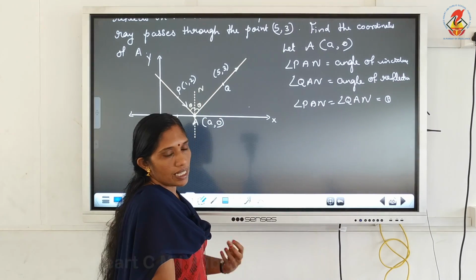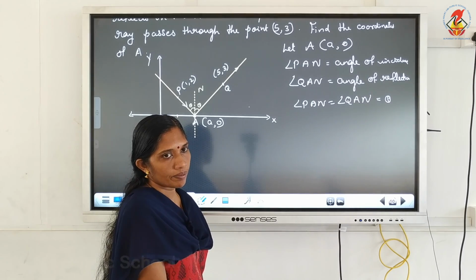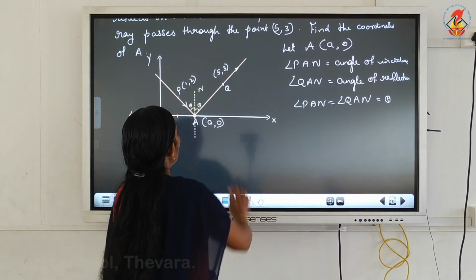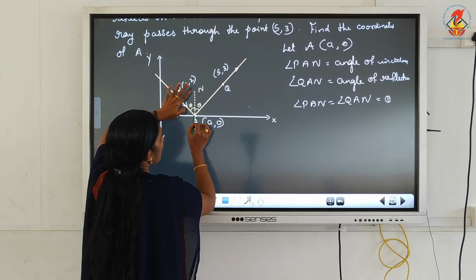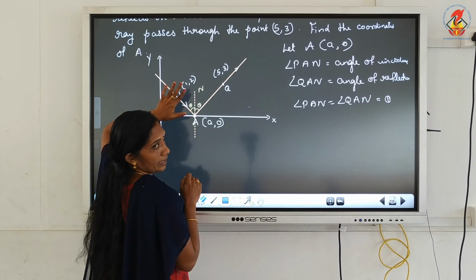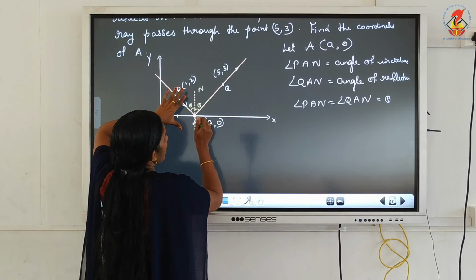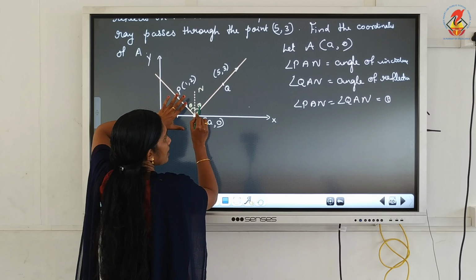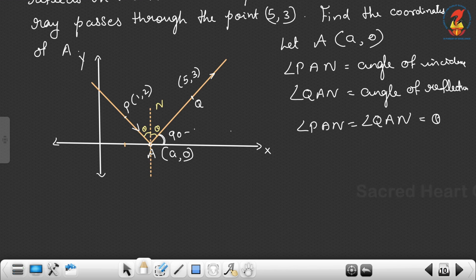If theta is that angle, then slope is equal to tan theta, isn't it? So here we don't know that angle. This NAX is 90 degrees, since this is perpendicular to the x-axis, and this portion is theta. So we can write this as 90 minus theta.